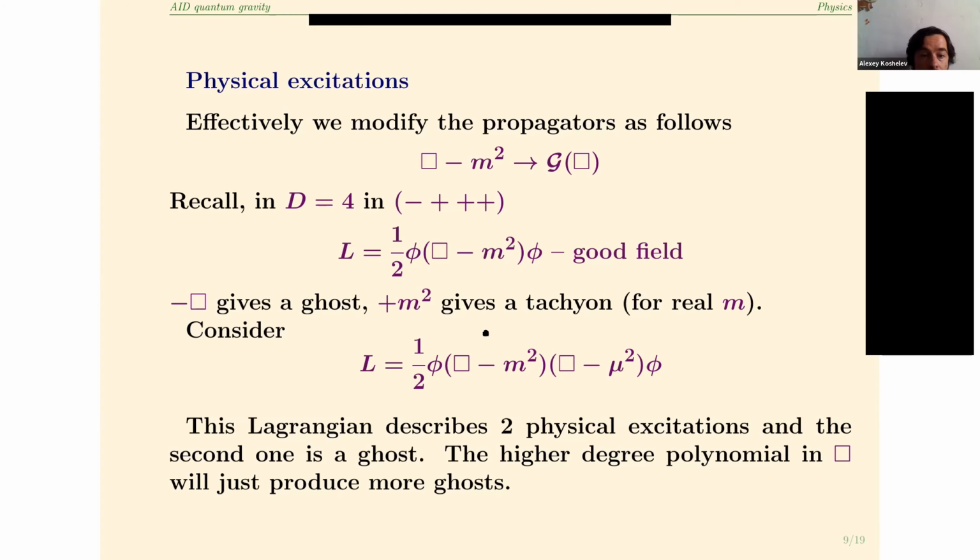But also we know that were it two factors like box minus m squared and box minus mu squared, this is definitely one normal and one ghost field. And this is related to the long-known Ostrogradsky instability. Obviously, if we put here something higher polynomial in box, it will not solve the problem. It will just produce more normal and more ghostly fields.